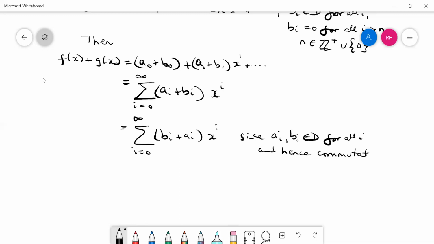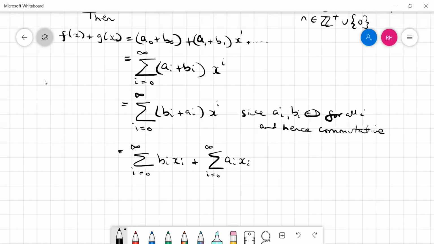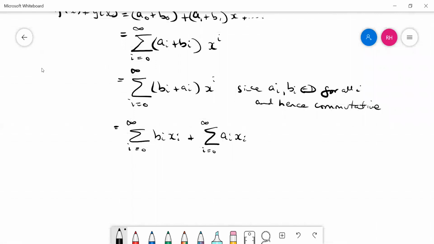I think that'd be okay, just explaining why we swapped them around. And if you wanted, now I suppose you could split this up into two summations. And now, of course, that just equals g(x) plus f(x).